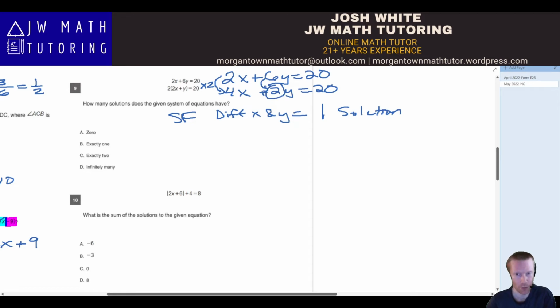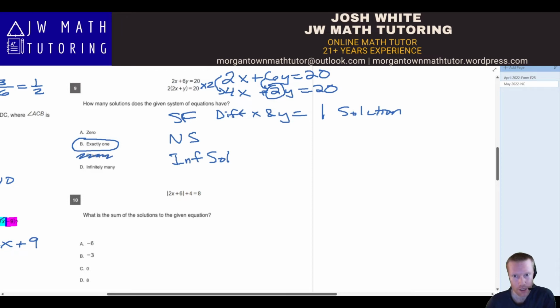Instead, it's technically 1/3. So this system of equations will have exactly one solution. Now, just to briefly review no solution versus infinite solutions, because those are the two other possibilities. There's never going to be exactly two solutions, by the way, for a system of linear equations. Just something to keep in mind.